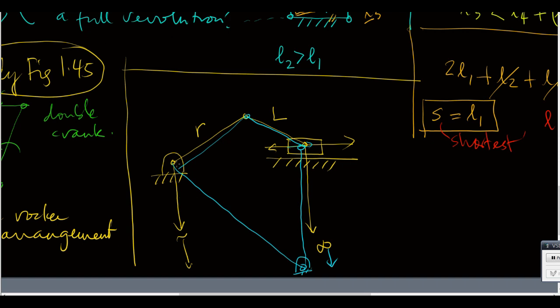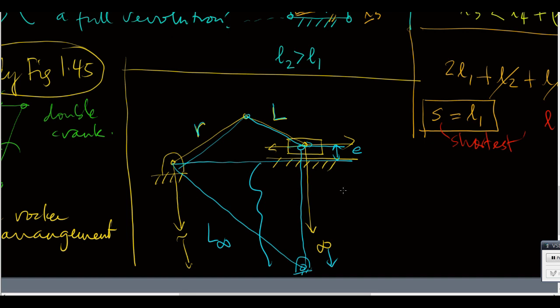So let us say this offset is E. In that case, if that length is L infinity, whatever it is, then the longest length is L infinity plus E. And then over here I have this R and I have this L. So I have whichever is the smallest, right?